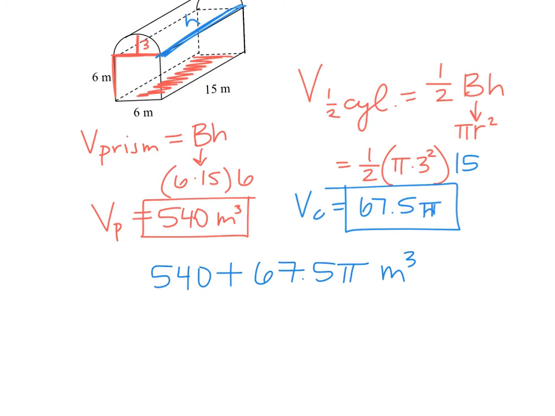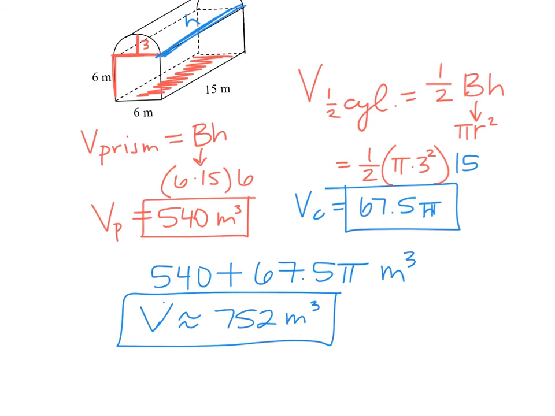So if you plug that in, 540 plus 67.5 pi, you would get the volume is approximately 752. We'll just leave it to the nearest whole number for this one, cubic meters. Okay, and just pay attention to where you're asked to round on those. Any questions on that?